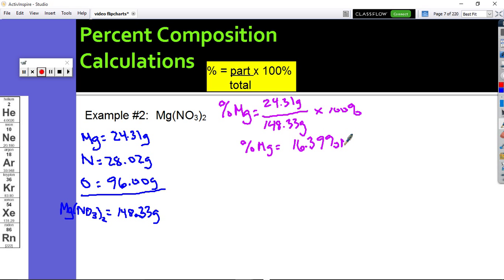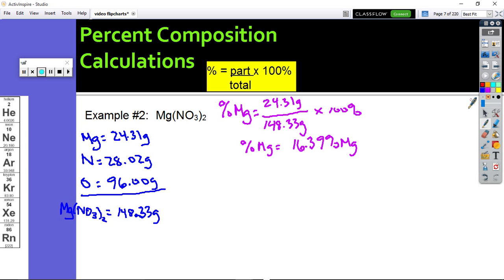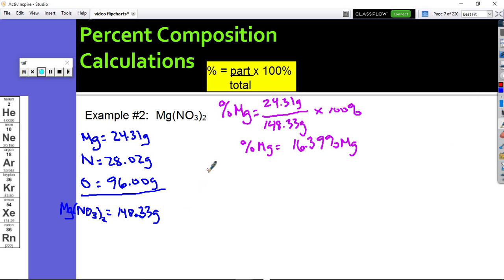Let's try it now for the nitrogen. Percent for nitrogen is the part that is nitrogen, which is 28.02, divided by the total, which is 148.33 grams.